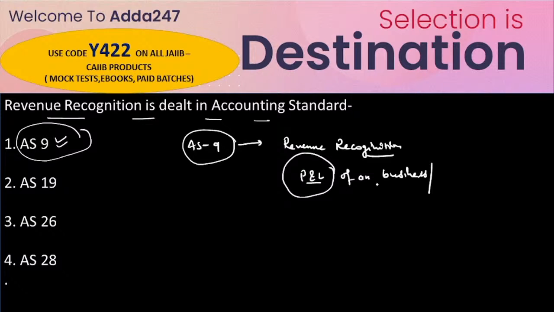Okay, so profit and loss of any business, any company, or any organization. So accounting standard 9 deals with revenue recognition.